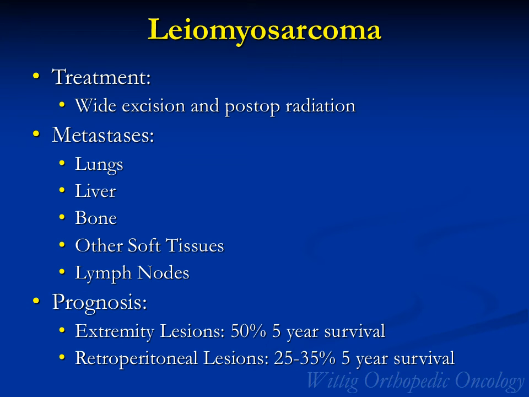The treatment for a leiomyosarcoma includes wide excision and postoperative radiation whenever feasible. Okay, preoperative and/or postoperative radiation is controversial. So for your OITE or your board exam, I think you'll just be tested on wide excision and radiation, knowing that both of them are part of the treatment.